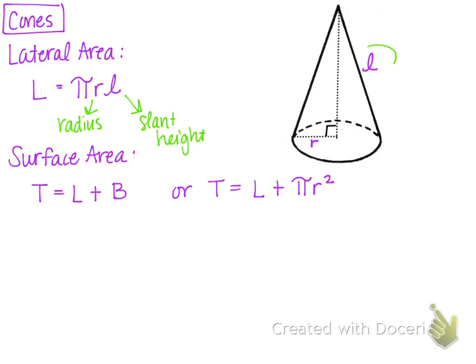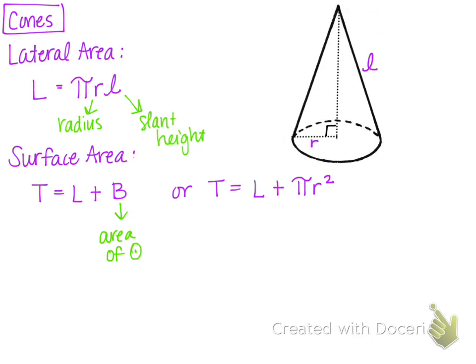So here's L, here's our slant height, and there's our radius. Now, the total surface area is the lateral plus the base. Now, the base is a circle, so we're going to find the area of the circle. So more specifically, since we know the area of a circle is pi r squared, the total is equal to the lateral plus pi r squared.